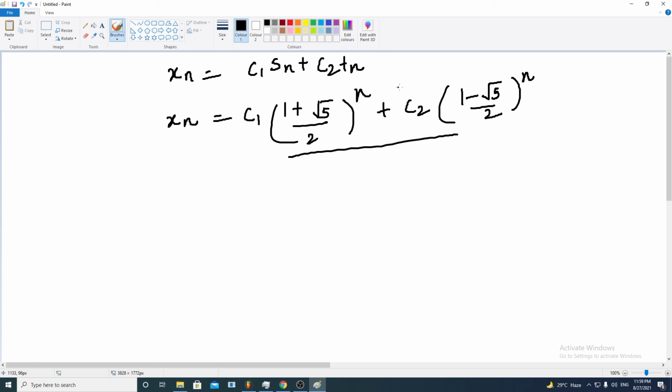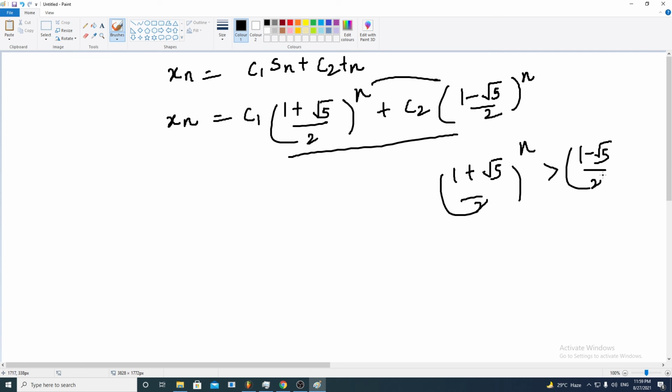So clearly from this equation it is evident that it is dependent on these two sets of values, and out of these two, the value 1 plus root 5 divided by 2 is going to grow faster in comparison to 1 minus root 5 divided by 2.